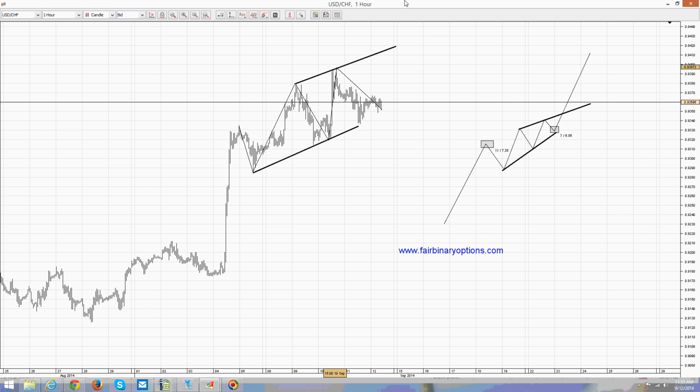So the running variation of a contracting triangle, from my point of view, starts from here and ends here, and therefore we have A, B, C, D, E.